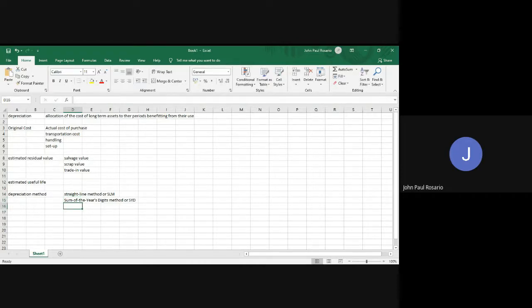And then we have the declining balance method, whose usual form is double declining, which means 200%, and then we have 150% declining, things like that.